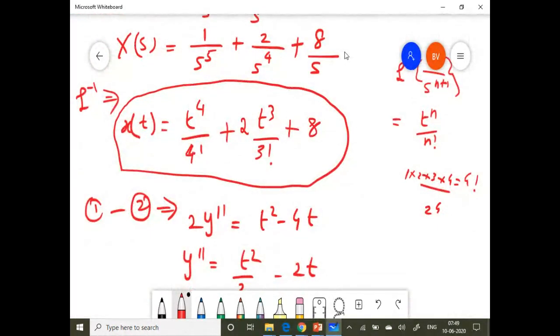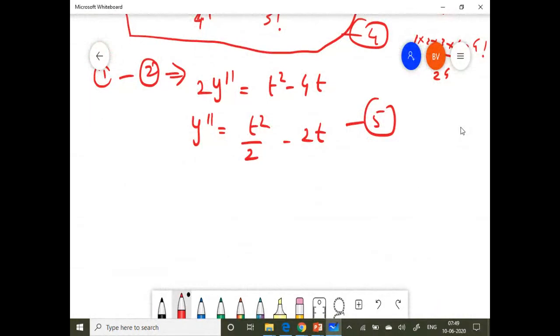This is equation 3, x of t is 4, and this is 5. Now again take the Laplace transform for y. Laplace of y double prime gives s square Y of s minus s y of 0 minus y prime of 0.